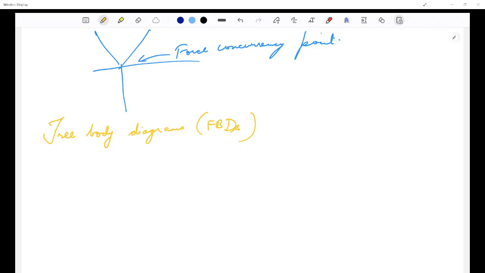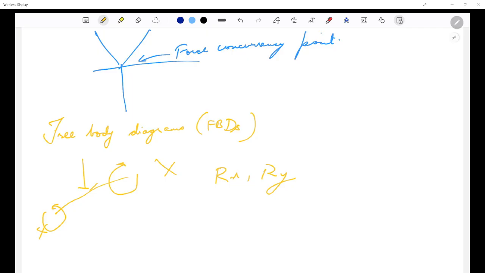So the steps are basically you isolate the link of the robot, remove the surrounding links, replace joints with reaction forces, and show all the external forces if acting on it. For example, if a link is connected by a pin joint, then a pin joint can transmit the force in X direction and Y direction. So we represent the reaction as Rx and Ry.